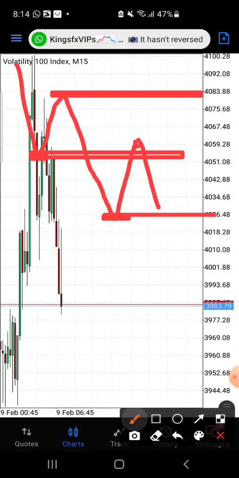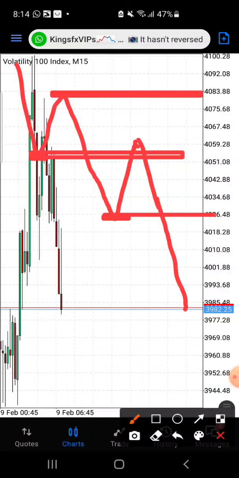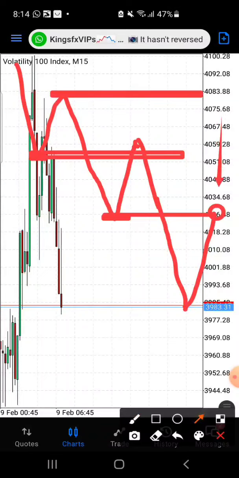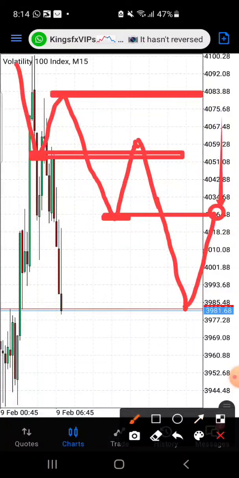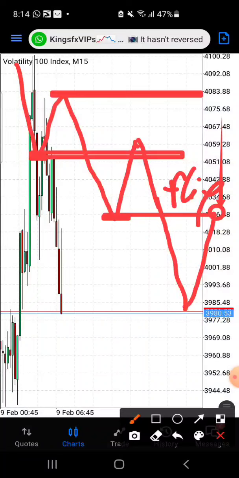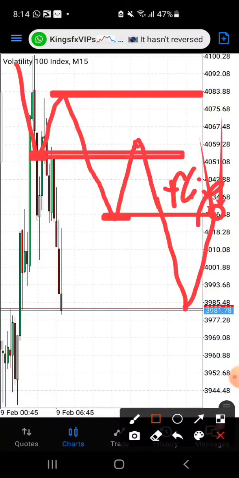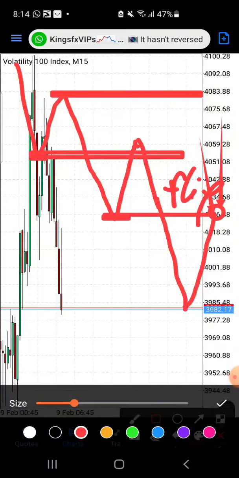So if the price swings and pushes down and breaks this support line, and after breaking it, the price decides to retest this support line again, that is a break and retest. At this point we have that break and retest, or what is called a flip zone. So this is the point we are going to be paying attention to.